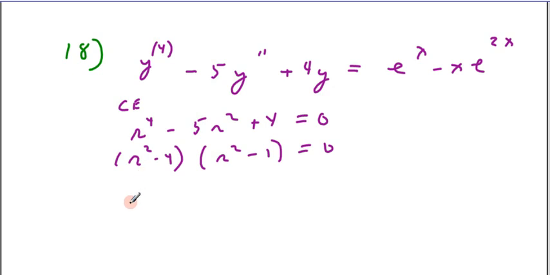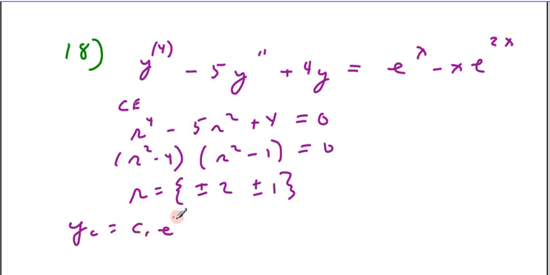And we get that our r's are going to be plus or minus 2, plus or minus 1. So y sub c is going to be in the form c1 e to the 2x, c2 e to the minus 2x, c3 e to the x, c4 e to the minus x.